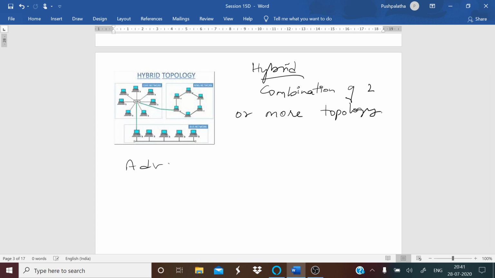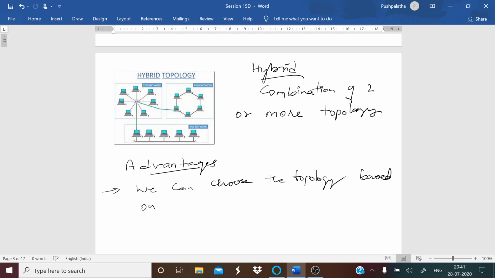So what are the advantages of using this hybrid topology? That is, we can choose the topology based on our requirements.